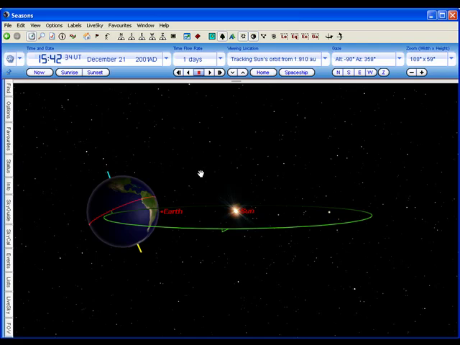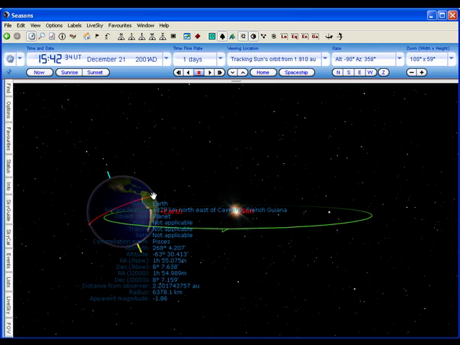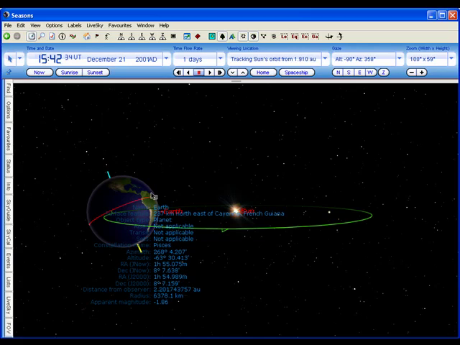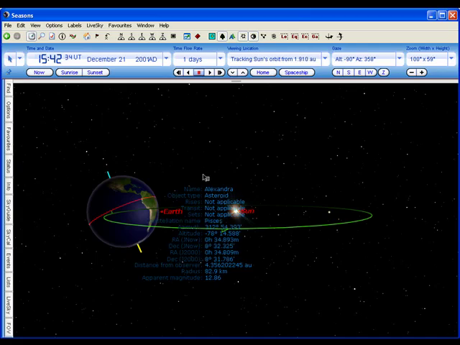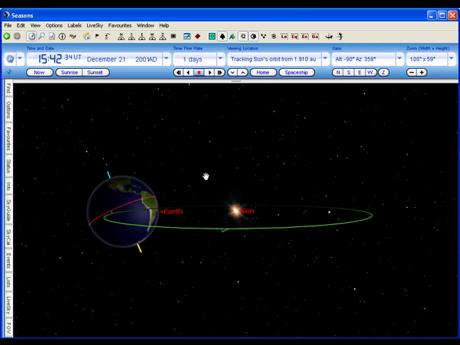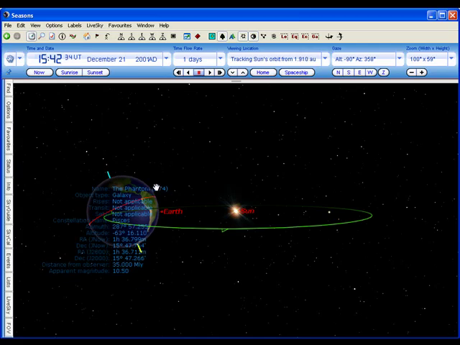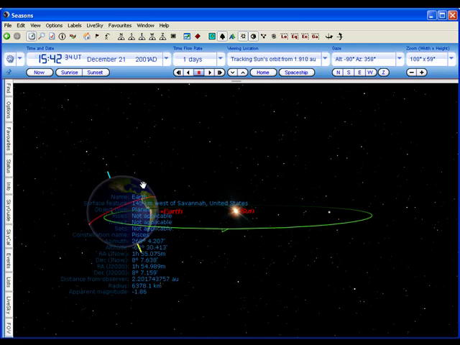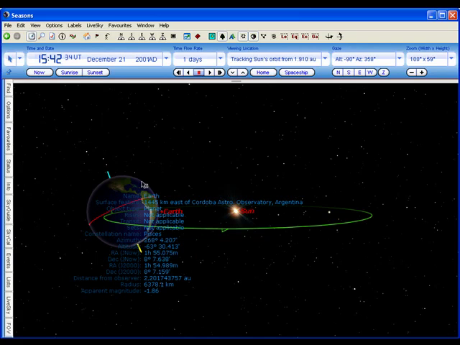So when you're on the Earth's equator, the celestial equator will not be at the horizon, I'm sorry, it will be directly overhead. If you're on the North Pole, the celestial equator will be at the horizon. And if you're in between, then the celestial equator can be found by subtracting your latitude from 90 degrees.